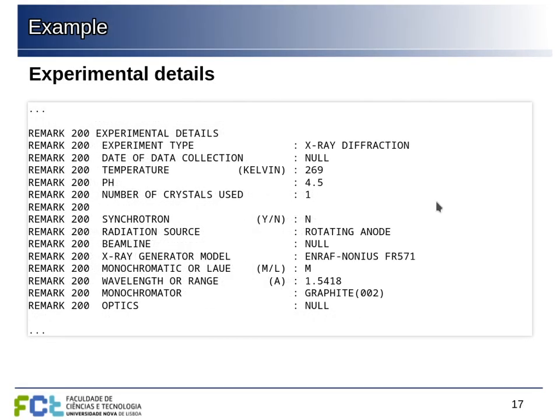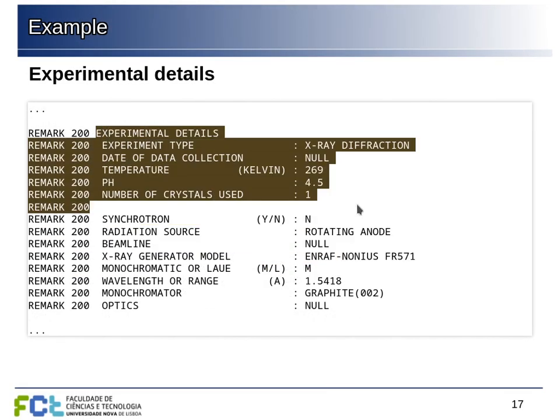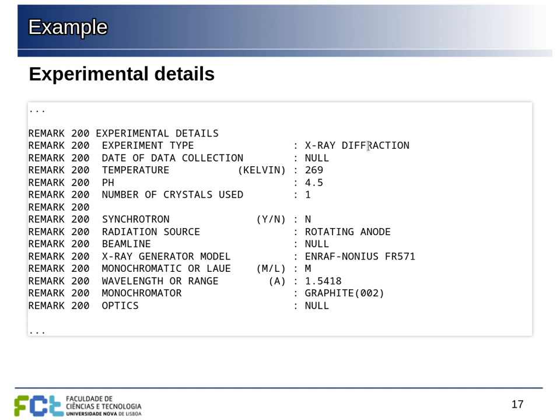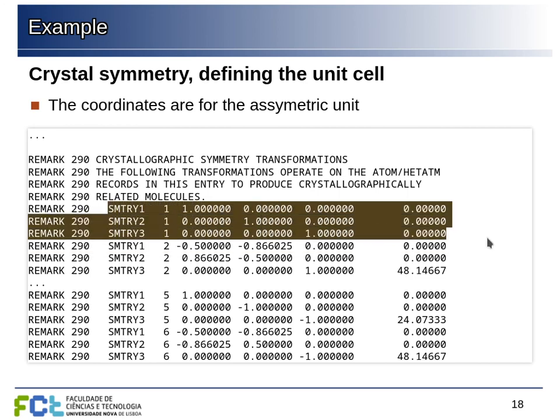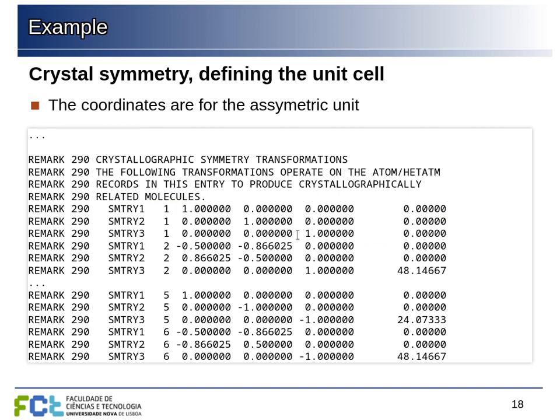Then you have details on the X-ray. For example, most of the structures are determined by X-ray diffraction. So here you have details on the X-ray, on the acquisition of the diffraction patterns for computing the structure. And then these are symmetry operations that you can do on the coordinates that you have there in the PDB file to obtain the unit cell of the crystal.